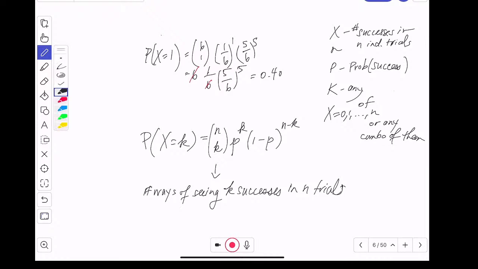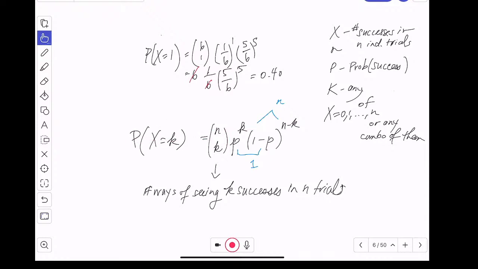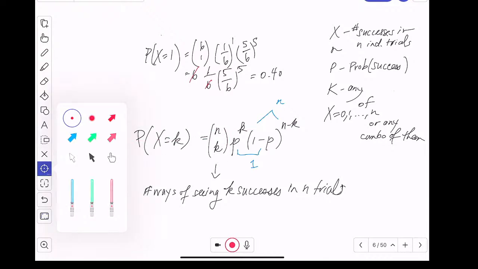So what you see is these exponents sum to n, and these probabilities must sum to 1. That's the formula every time. So that's just calculating the probability for one of all of these possible things here.